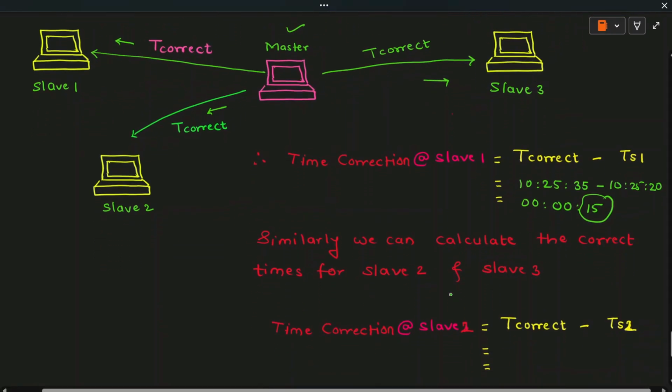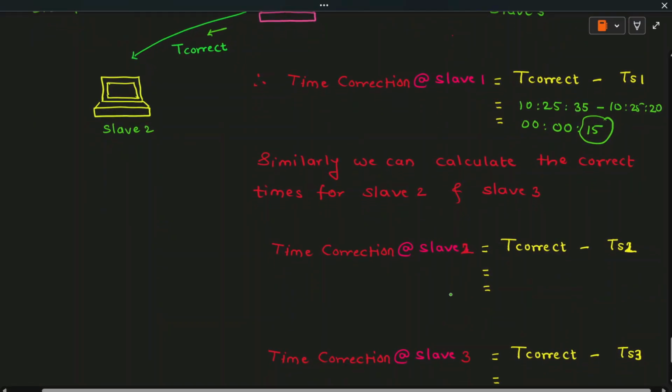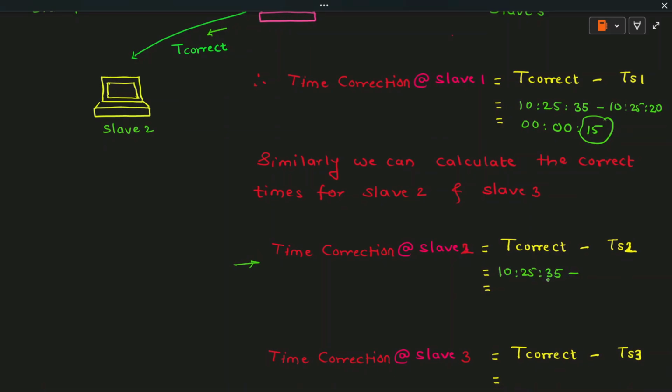Now accordingly we can calculate the value of correction time for slave 2. The formula is going to be the same: 10 hours, 25 minutes, 35 seconds minus TS2, which we considered as 10 hours, 25 minutes, 30 seconds as per our initial assumption. The value is going to be 0 hours, 0 minutes and 5 seconds.